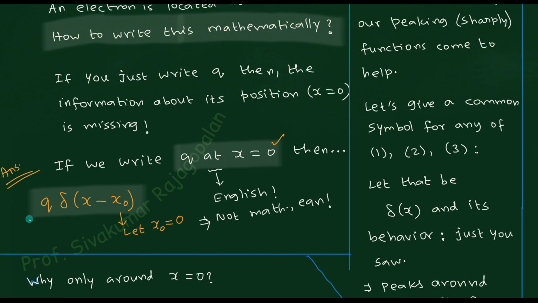And of course, for the Dirac delta function itself you don't have an expression, but it is defined in terms of an integral along with a well-defined function. Now the question comes, where is the well-defined function? Q is the well-defined function. Q is a constant, right? A constant is also a function, right? When you say x equal to 1, x equal to 1 is a function, because x equal to 1 is a straight line.